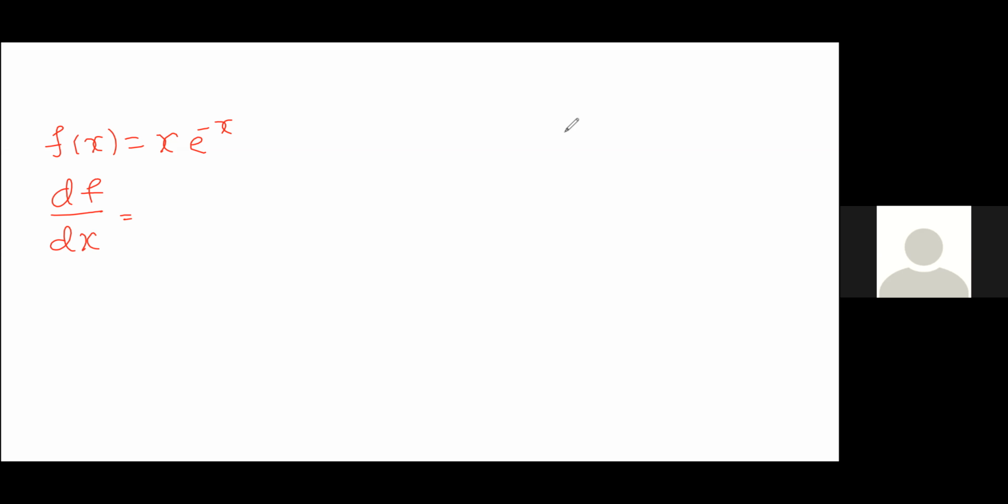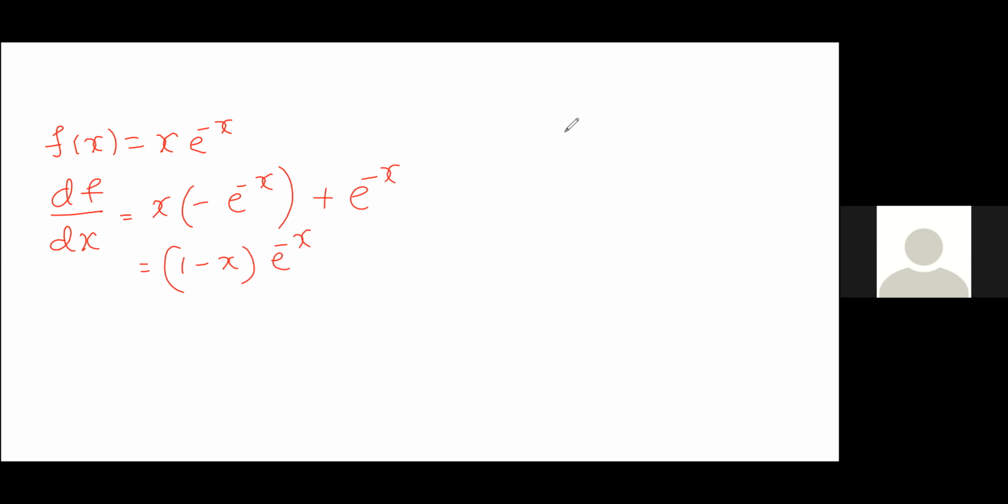x e raised to minus x, then you have to take the UV rule. x into, what's the derivative of e raised to minus x? Minus e raised to minus x, plus e power minus x into derivative of x, which is 1. So that becomes 1 minus x into e raised to minus x.